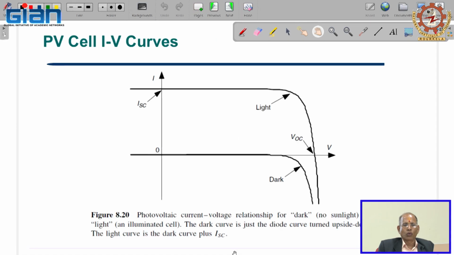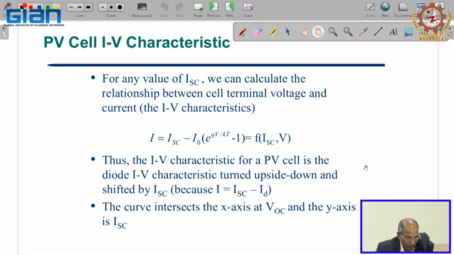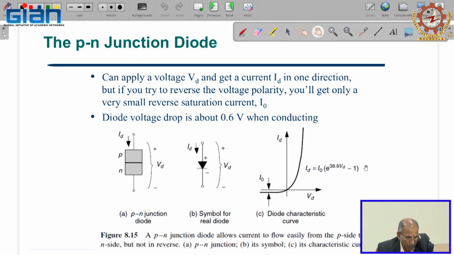Now you have this IV characteristic of the PV cell. So how are we getting it? Basically, if you have this diode current characteristic, you just bring this curve down, and you shift the current by your ISC.